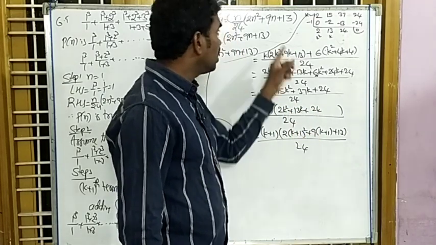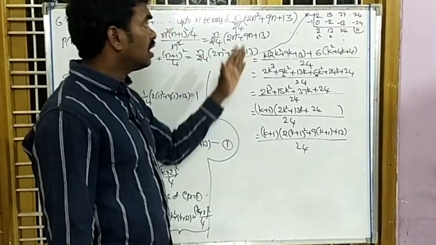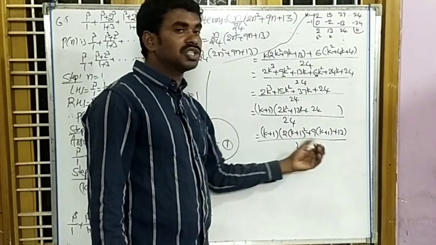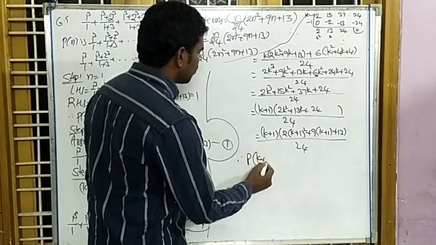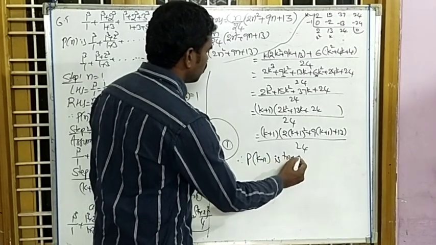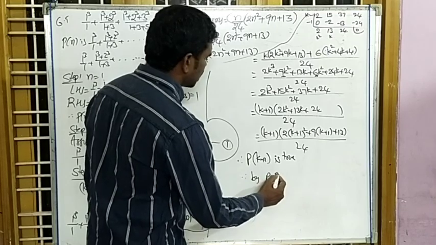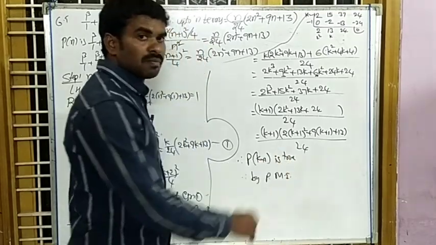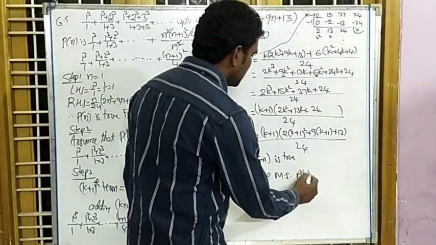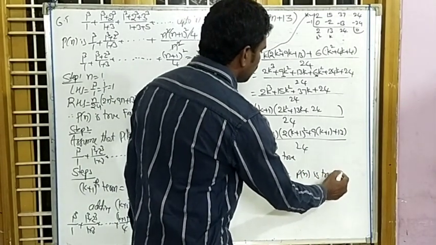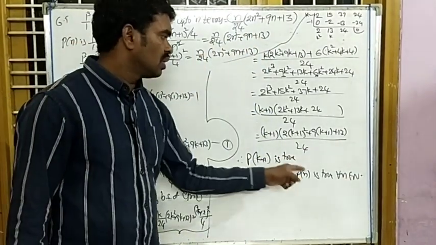Since we know what we are going to get, we wrote based on that; if you want, check it. Okay, therefore P of k plus 1 is true. Therefore by the principle of mathematical induction, the statement P of n is true for all n belongs to capital N. You write it as a completely clear statement. For this, 1 mark, okay, don't neglect it.